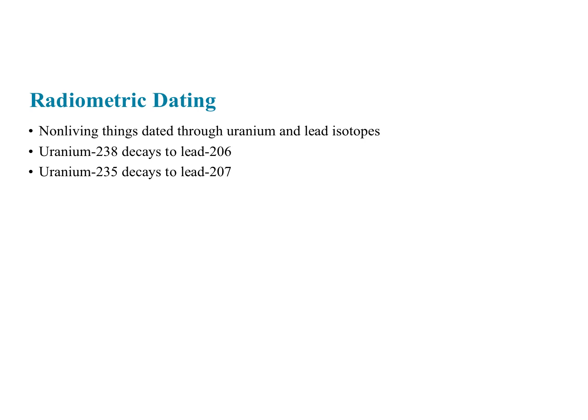Now, non-living things, things like rocks and meteorites that come from outer space, these are dated through uranium and lead isotopes. So let's say I have a block of pure uranium. Uranium consists primarily of two different isotopes. We've got uranium-238 and uranium-235.